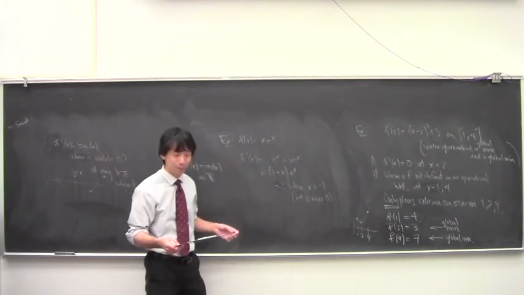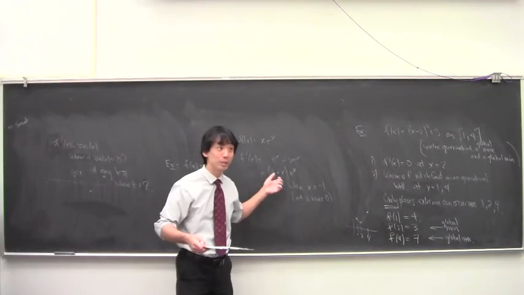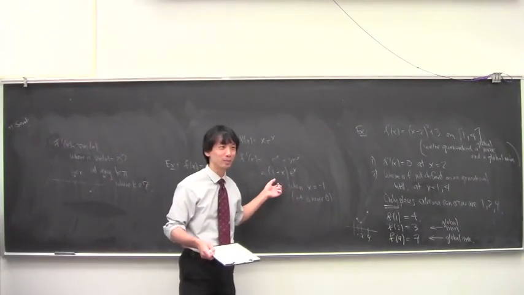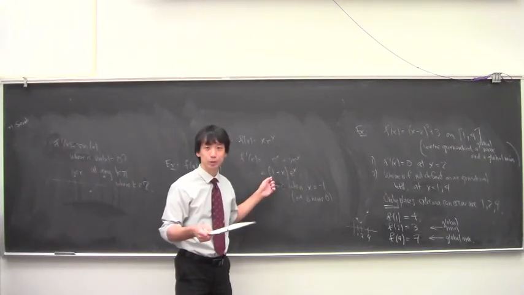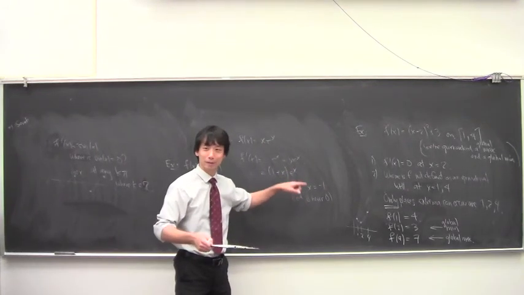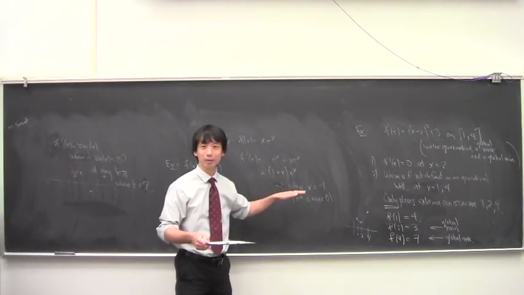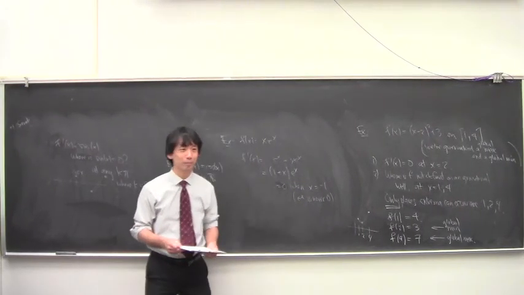So you see that still more work needs to be done to make this more complete, and you'd like to have some surefire way of saying that's going to be a max, or that's going to be a min, things like that. And we'll develop some partial answers to that.